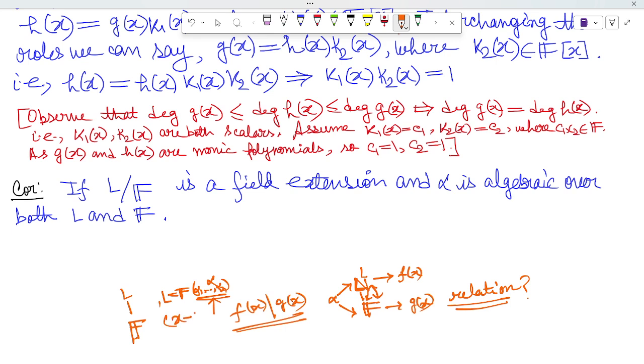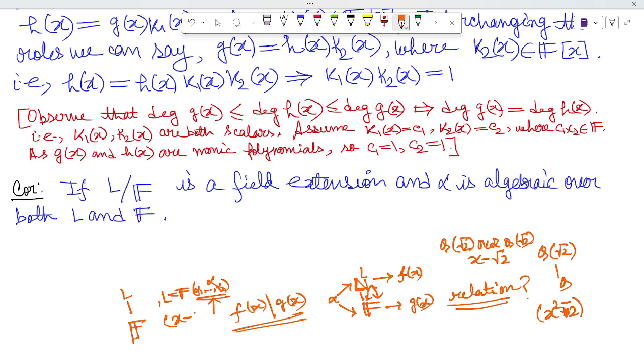For example, what is the minimal polynomial of root 2 over Q? That is x square minus 2. But what is the minimal polynomial of root 2 over Q(root 2)? That is x minus root 2. So more elements are available.